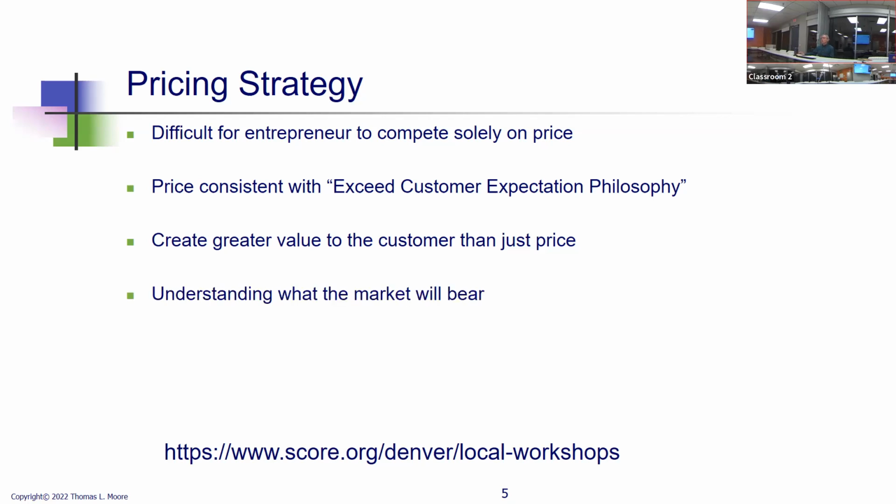Also understanding what the market will bear, knowing what you can charge and what your competitors charge, at the high end and at the low end, is important. One of the ways to do that is by finding industry associations or industry groups that focus on the products or the service or the type of business that you have.